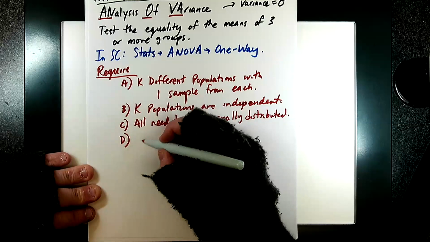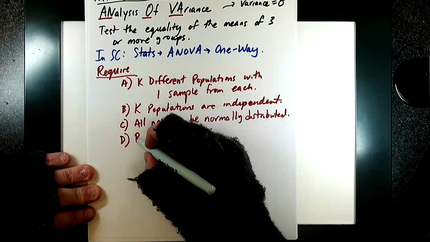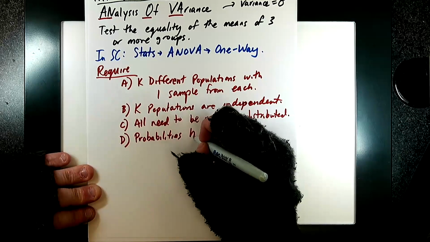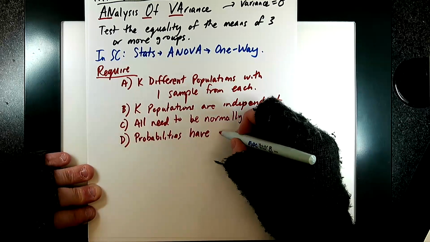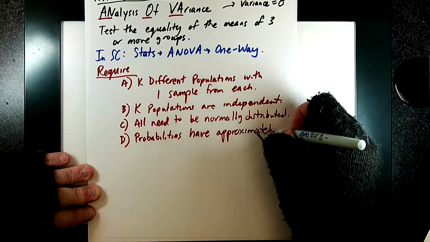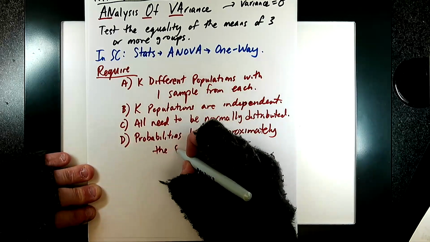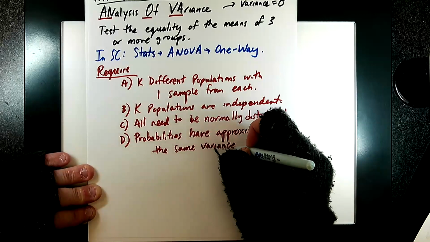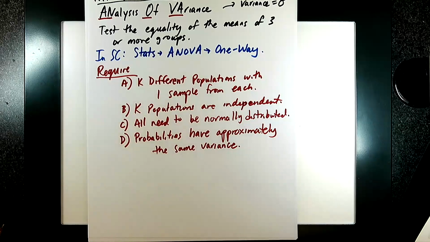And finally, the populations have approximately the same variance. This one is one you're going to have to test by hand. Not on the final though. You can assume that it's valid there.